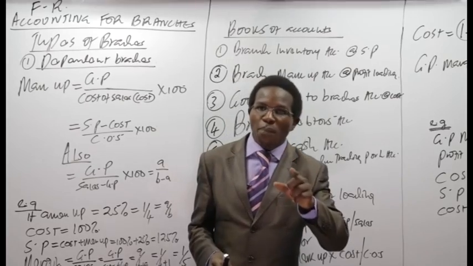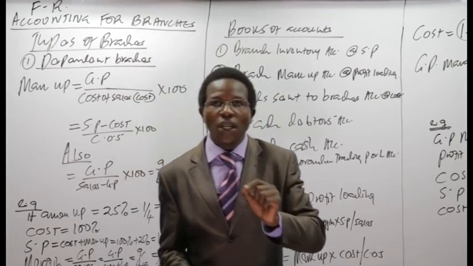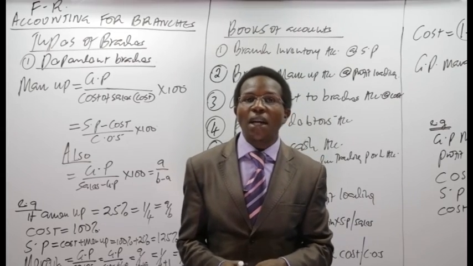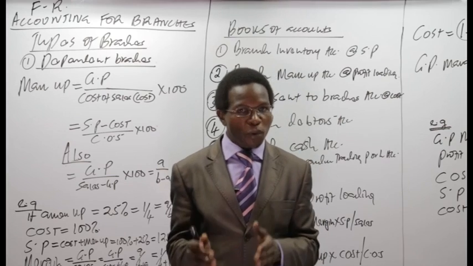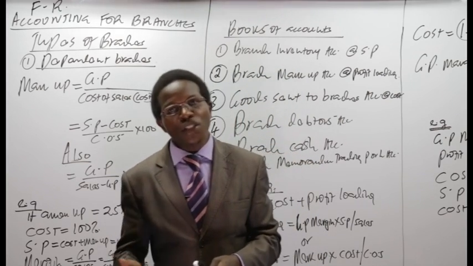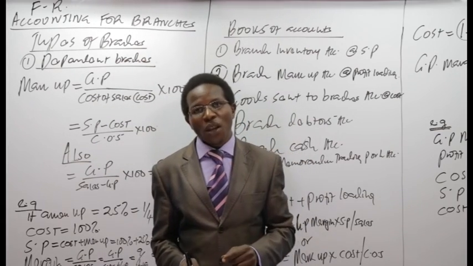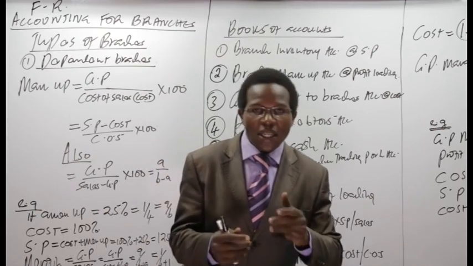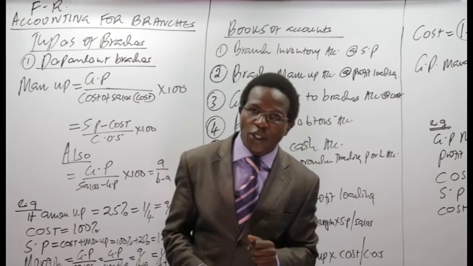we are going to debit the branch inventory with the selling price, and you credit the branch markup account with the profit loading. You also credit your goods sent to branch at cost. Number two, when goods are returned, the same goods may be returned back to the head office for 1 or 2 reasons.